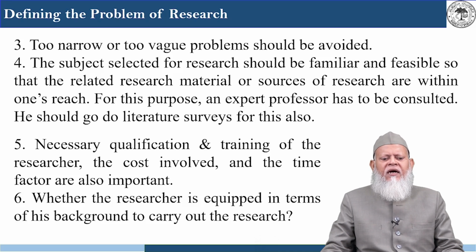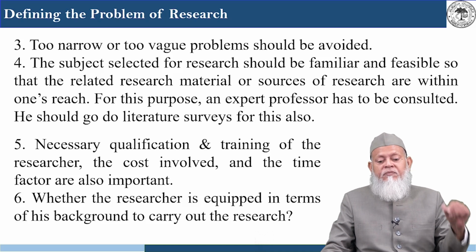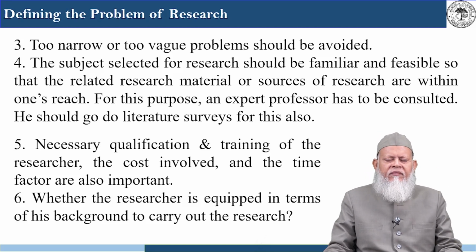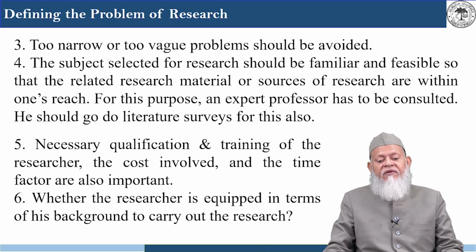Further, the subject selected for research should be familiar and feasible, so that related research material or sources of research material are within one's reach. For this purpose, an expert professor has to be consulted and literature surveys have to be done.